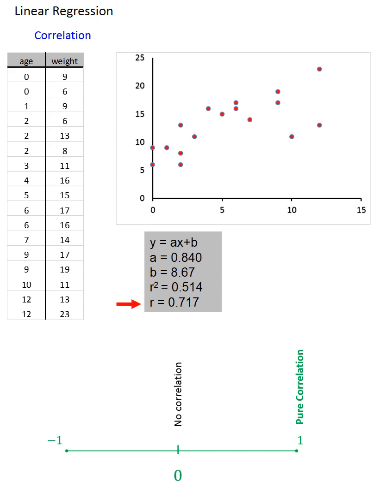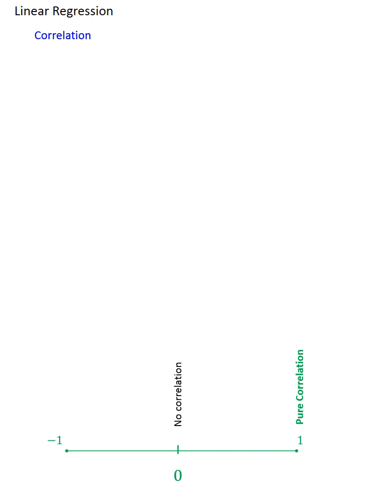Notice we have a correlation coefficient here, an R value that's slightly higher than the last time, 0.717, and that represents a higher degree of correlation between a baby's age and their weight compared to a person's college experience and their income. In fact, let's take a brief look back at the previous scatter plot in relation to the college and income problem to see how those dots were more scattered.